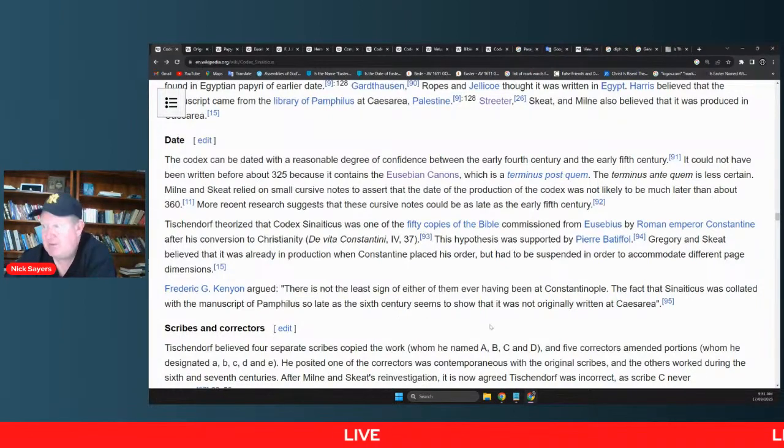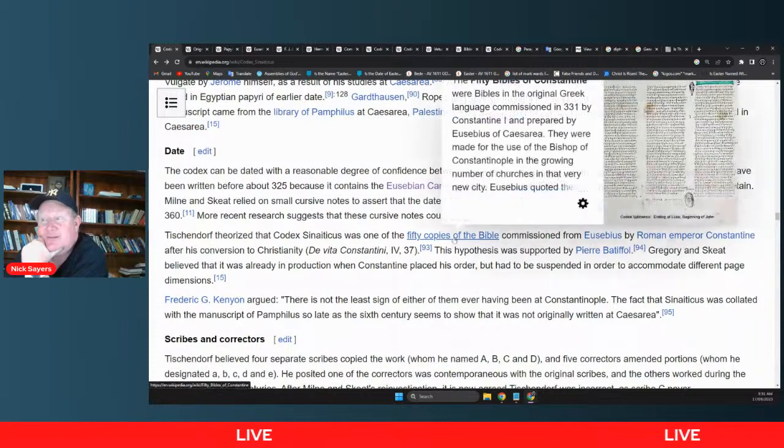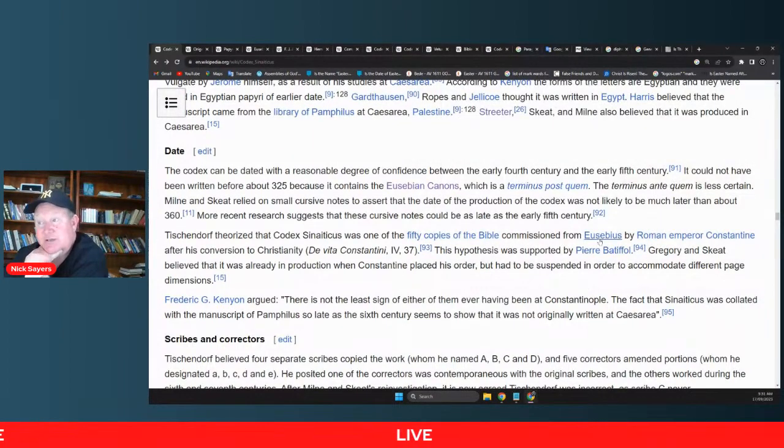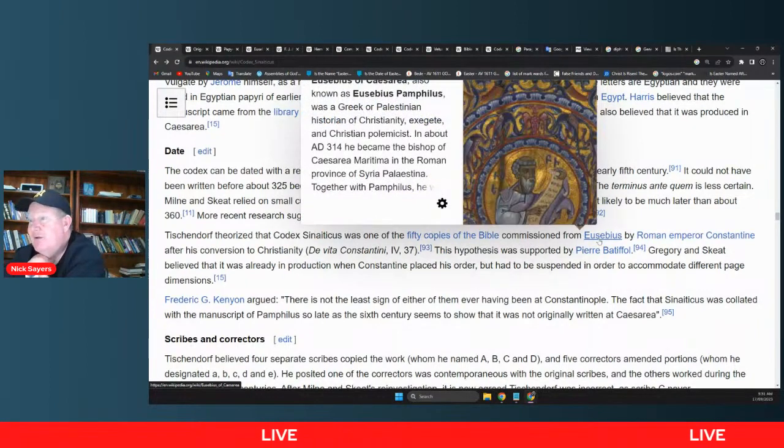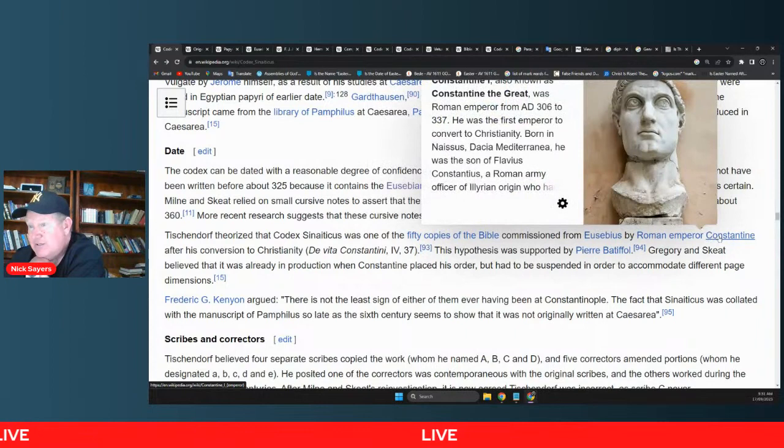Okay, so that's his opinion on that. But when we look here, Tischendorf theorized that Codex Sinaiticus was one of the 50 copies of the Bible commissioned from Eusebius. So Eusebius, a very interesting guy. And then you've got the Roman Emperor Constantine.